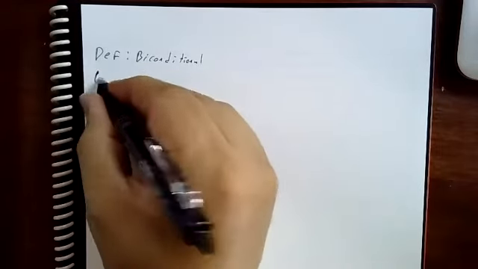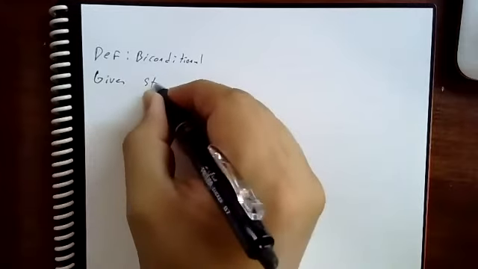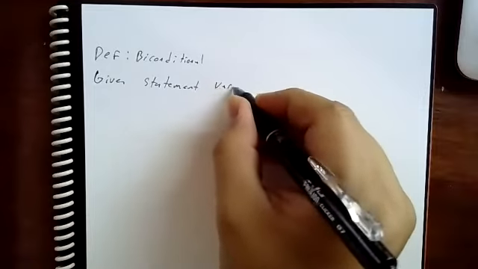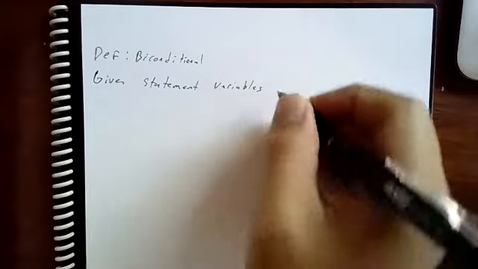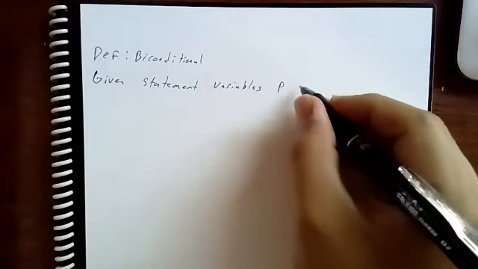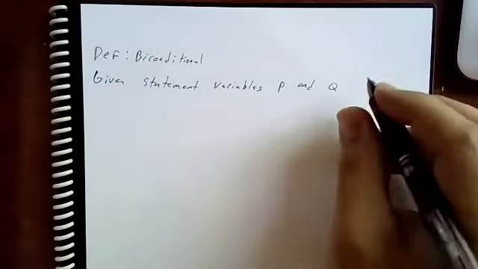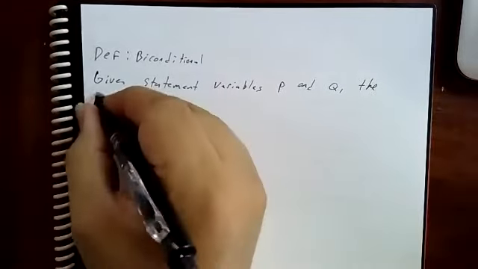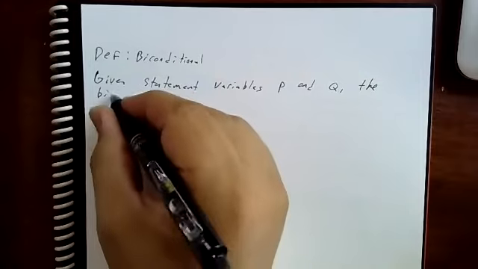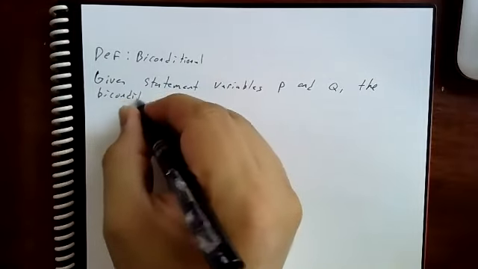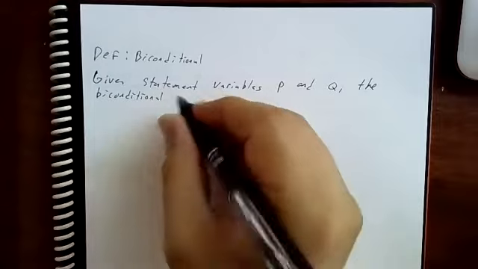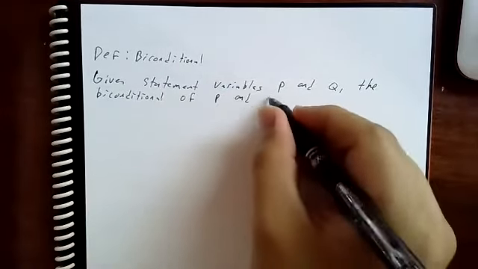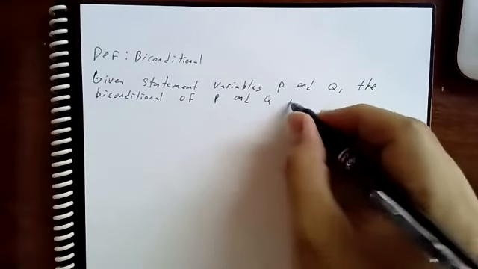So given statement variables P and Q, the biconditional of P and Q is usually written this way.